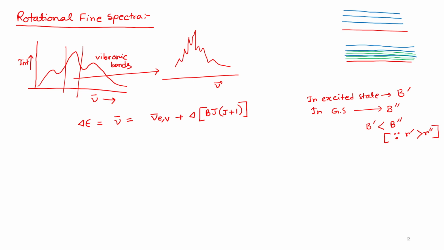If we write it more explicitly, we are going to get something like B dash J dash (J dash plus 1) minus B double dash J double dash (J double dash plus 1).